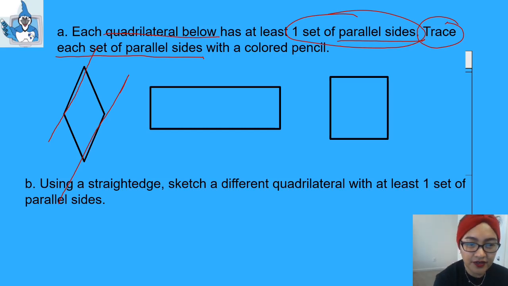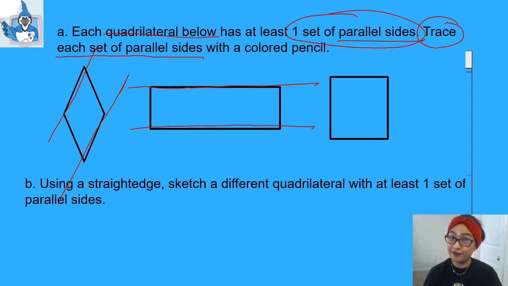Another set on this one is a rectangle. I have the top and the bottom sides. They will never meet. So that's a parallel sides. And of course your square. I will just do this one right here. Even if you extend the lines all the way down to California, it will never meet because those are parallel sides.